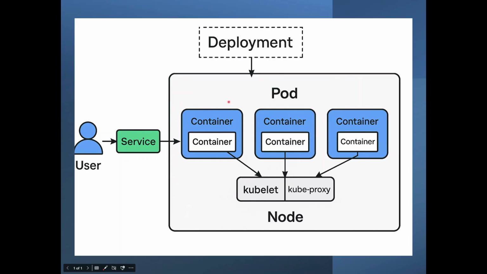Depending on the type, we have three major types of services: ClusterIP, NodePort, and LoadBalancer. A service can expose your app inside the cluster or to the outside world, depending on the service type we use. Don't worry about the types, because when we start creating our own service and connecting it with the pods and deployment, you'll see all of this in practice.